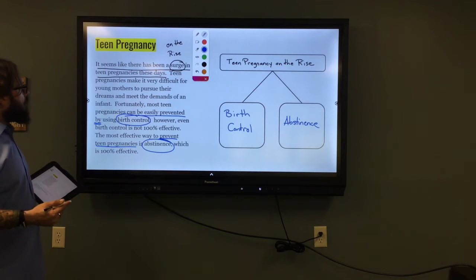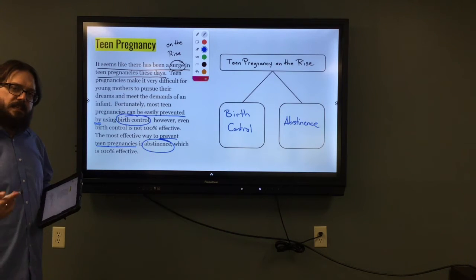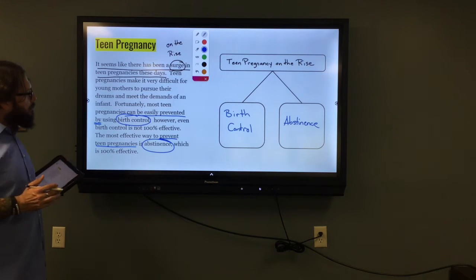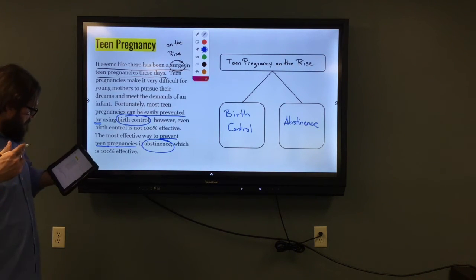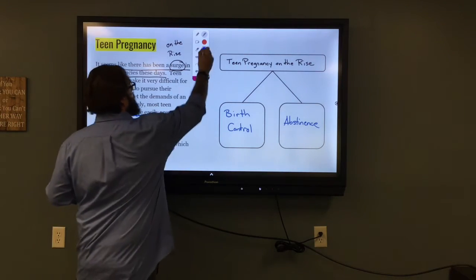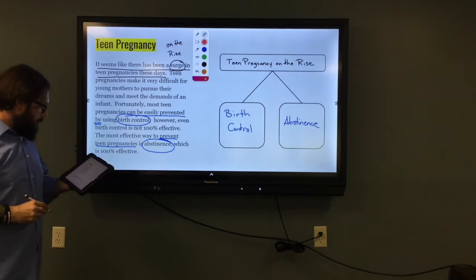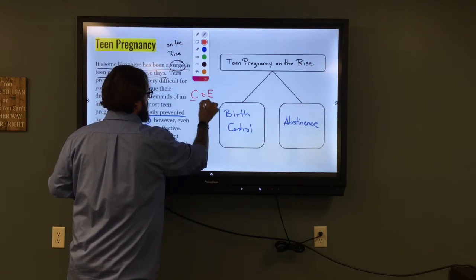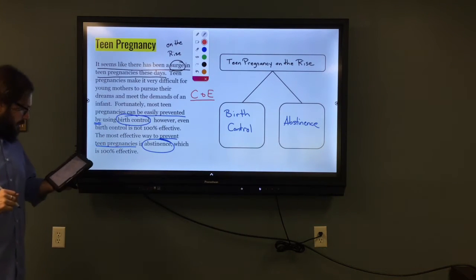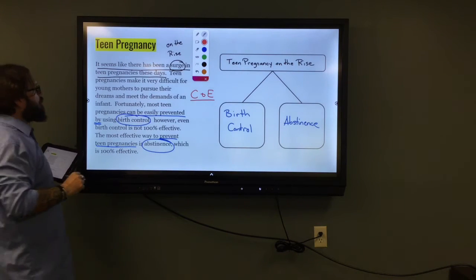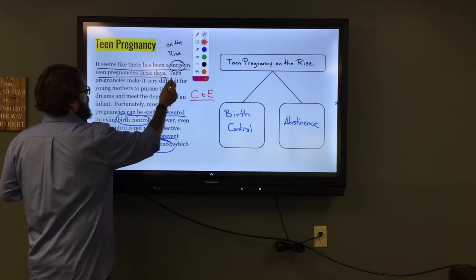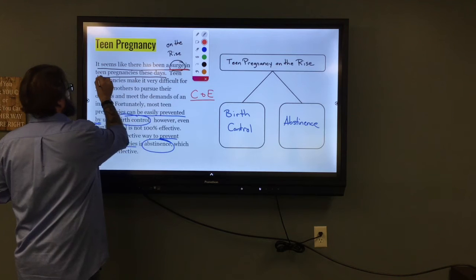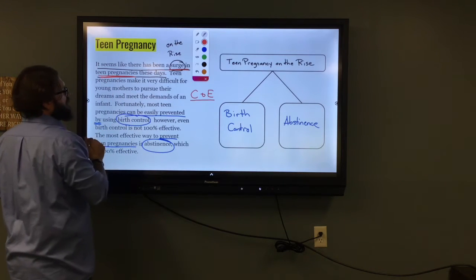Now, are there any other text structures that we see in use in this short passage? Well, upon a closer look, we can say yes. For example, we see cause and effect in use. So there's an increase in teen pregnancies. So the surge in teen pregnancies is the cause.